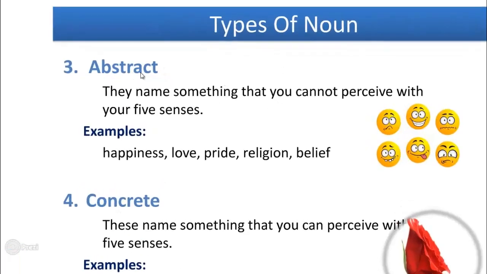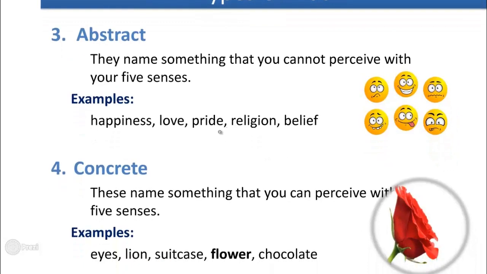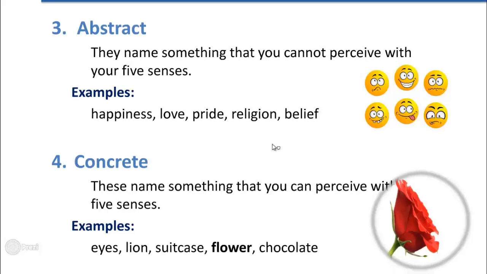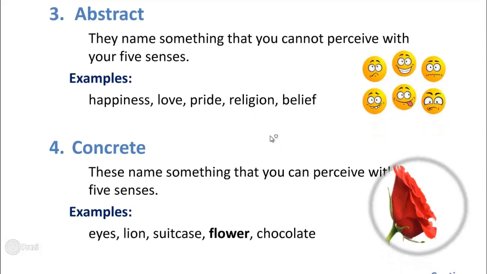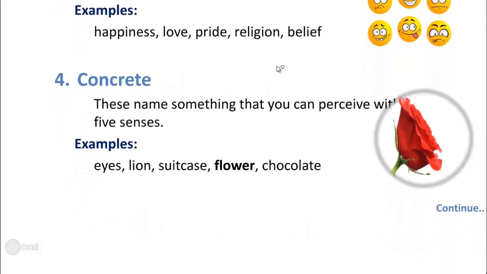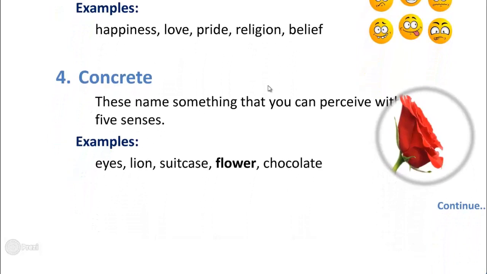Then we have abstract nouns, and the definition is that they name something that you cannot perceive with your five senses. So we talk about happiness, love, pride, religion, belief. All of them are considered to be abstract nouns. So you might want to think about some more. You want to complement your notes with this.